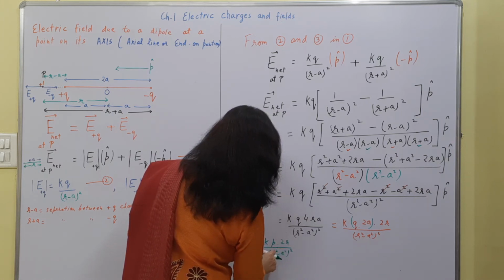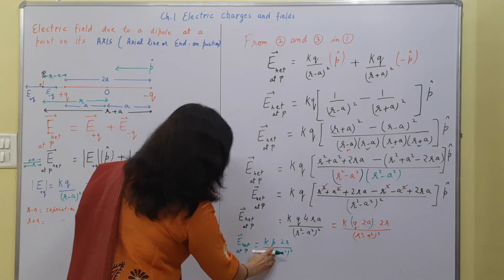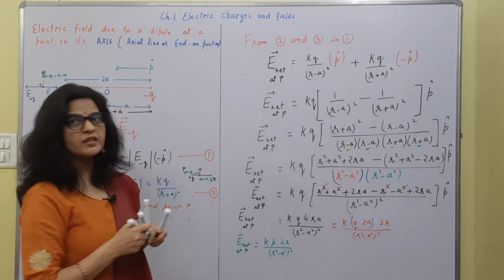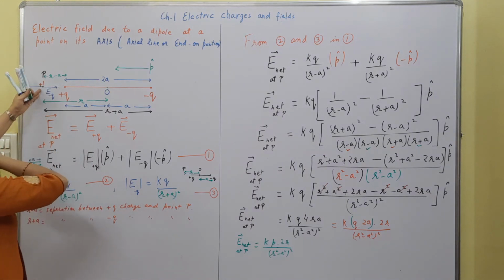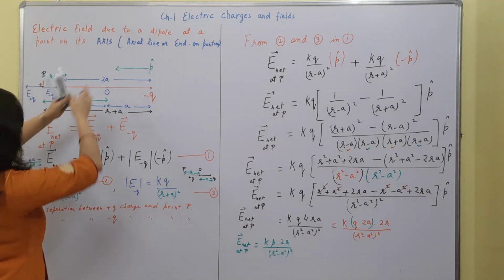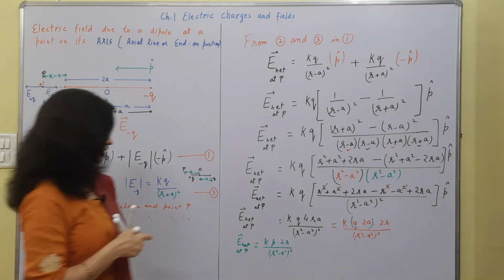So if I apply the condition that R is very much greater than A, or you can say that the distance of this point is very, very much greater than the size of the dipole, right?